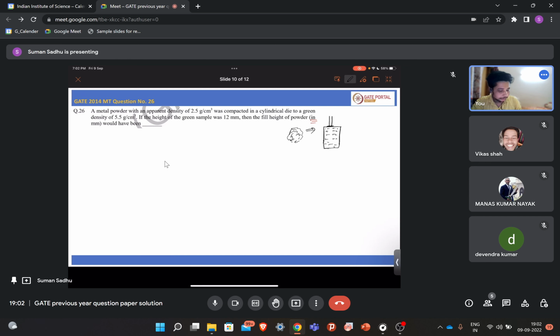This is the piston. Then we first press or compress it. Let's say we have compressed it up to this. Now your powder becomes much more compacted. Earlier it was loosely packed.